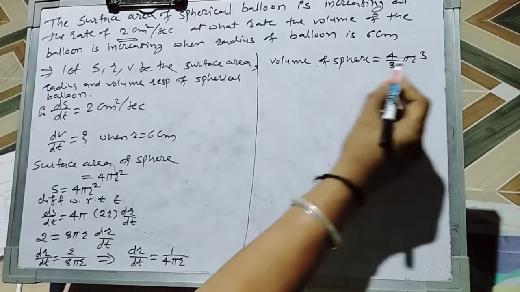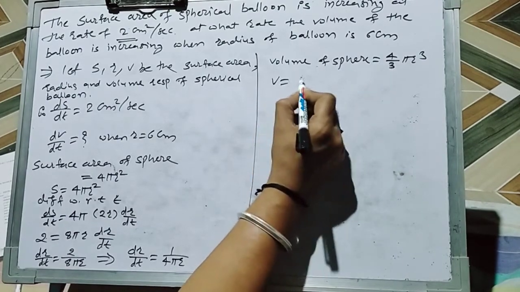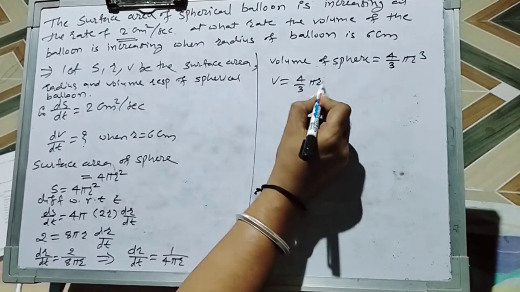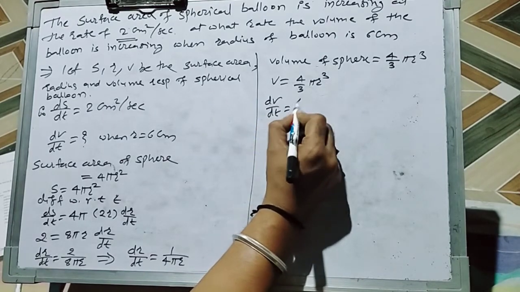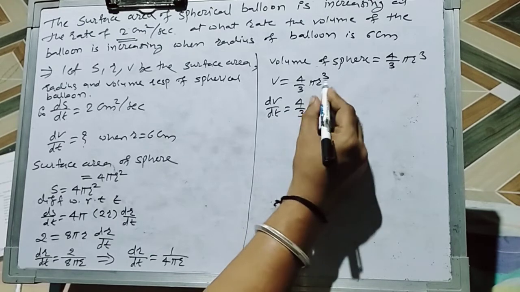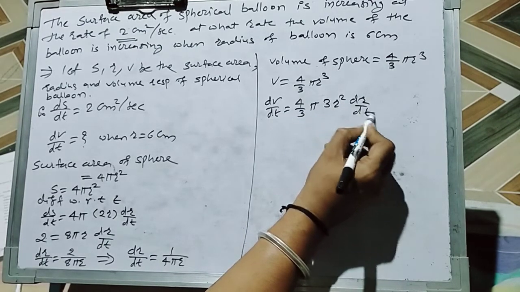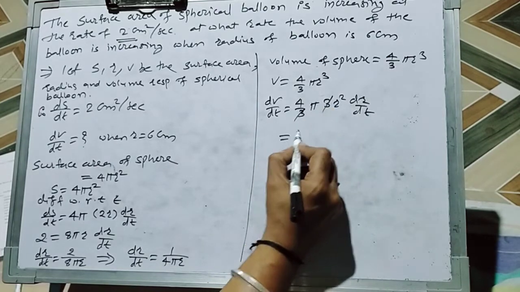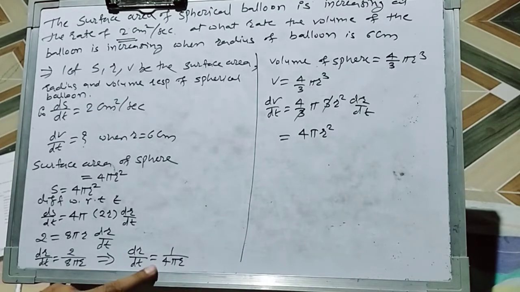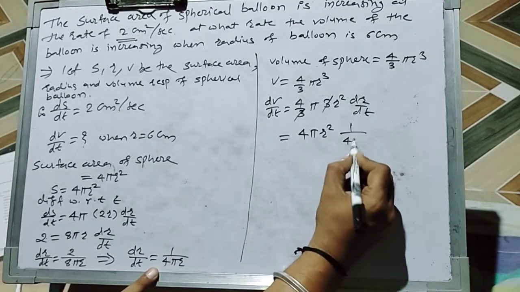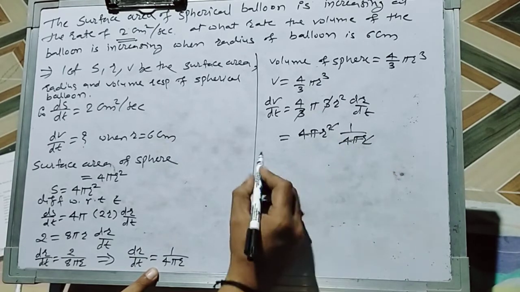Now here the volume of a sphere is equal to 4 by 3 pi r cube. So V is equal to 4 by 3 pi r cube. So dV by dt is equal to 4 by 3 pi times the derivative of r cube, so 3r square dr by dt. So 3 gets cancelled. This is equal to 4 pi r square dr by dt, which means 1 divided by 4 pi r. So here 4 pi and 1 r get cancelled.